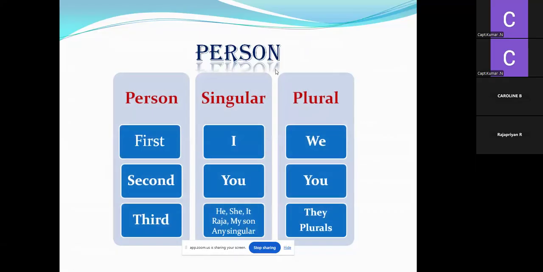And now another term which is very important to be aware of before we use tenses is person. See, for a basic conversation, we need two people. The person who starts the conversation is the first person, and the person who listens and then responds is the second person. Here, see, I am talking to you. So I am the first person and I indicate myself with the pronoun I. Instead of a pronoun, I can even use my name.